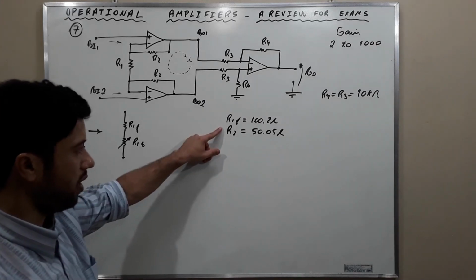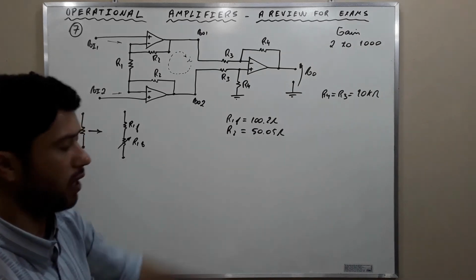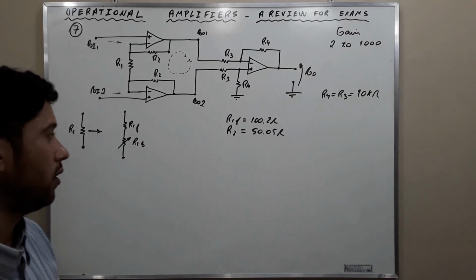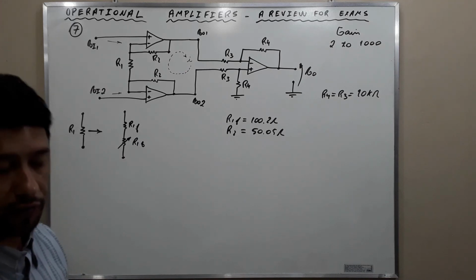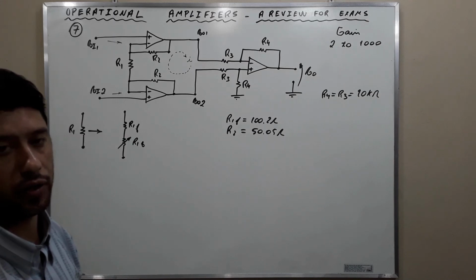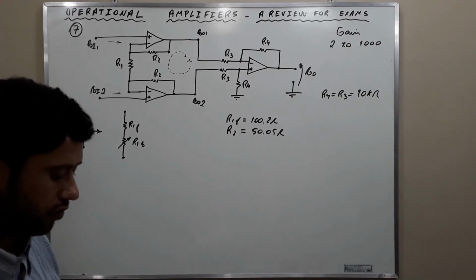These are not available in the market, okay? These are the exact values, the perfect solution, but the real world is not perfect. We are not gonna find these values of resistors in the market. We need to adjust our systems to what the market offers.